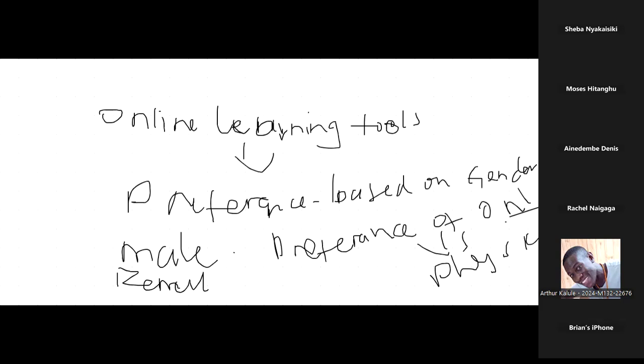So now this kind of research would bring about description, okay? It would bring about description at the end to say there is maybe a greater preference towards online learning amongst the male students as opposed to the female students.